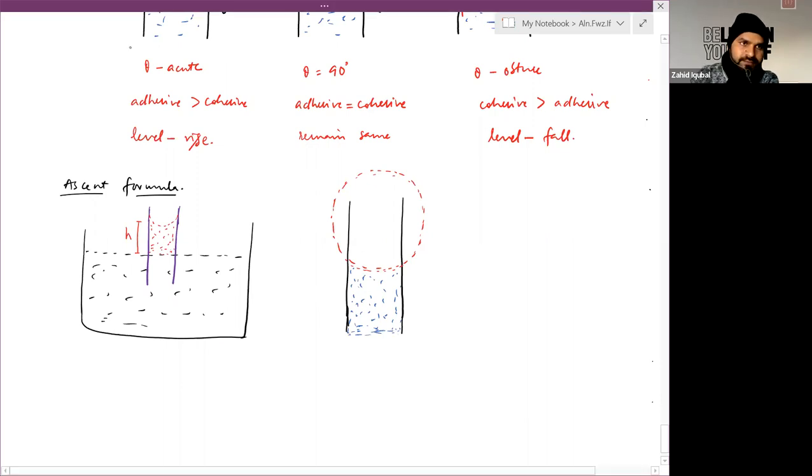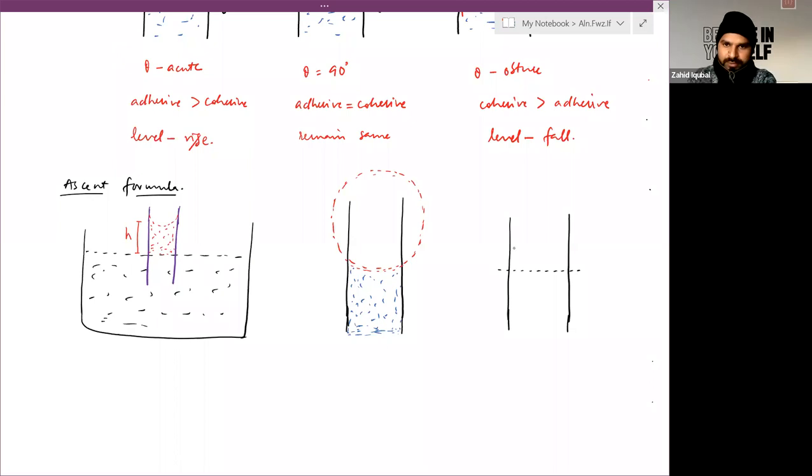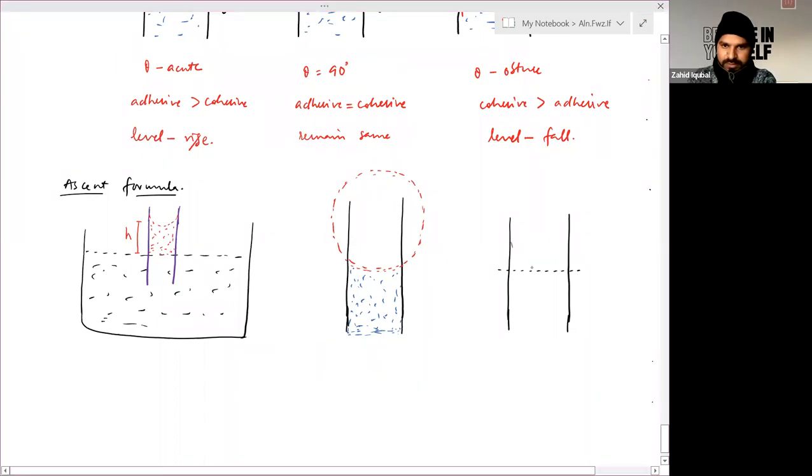Now at this particular junction, its meniscus would be in the shape of hemispherical ball like this. And there will be liquid at this point. Let's say this is radius r and this height will be also r.